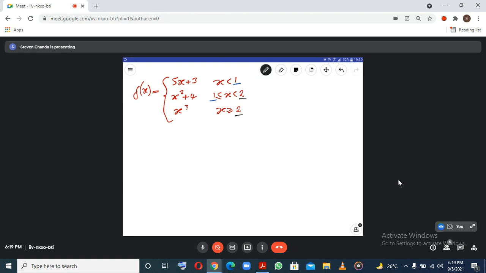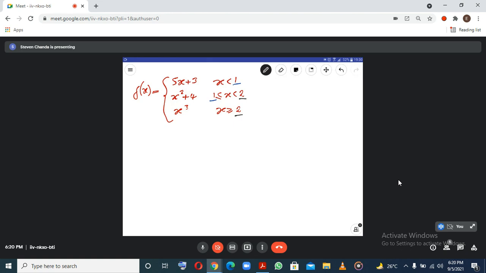I've done that because I want you to appreciate something. All three functions, 5x plus 3, x squared plus 4, and x cubed, can't be discontinuous on their own. The piecewise function is like this: all three functions are part of one bigger picture.